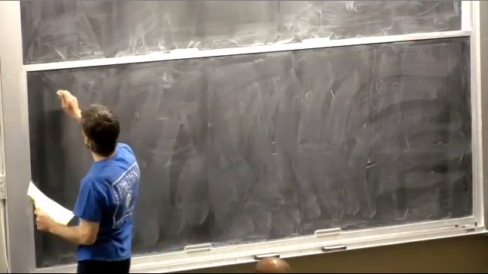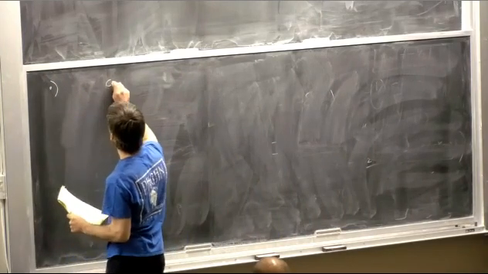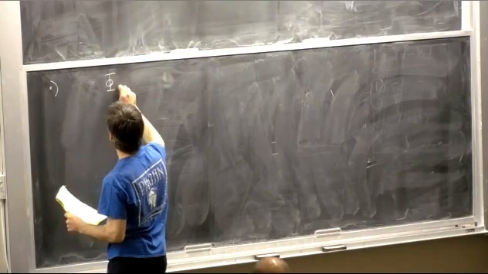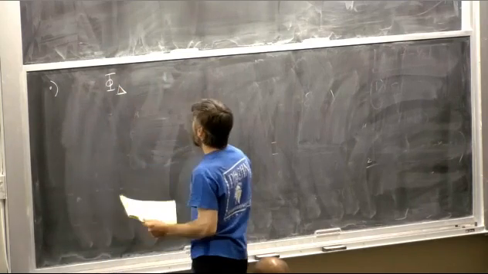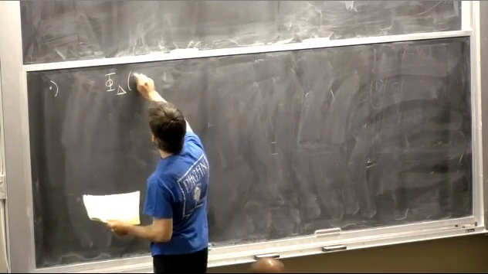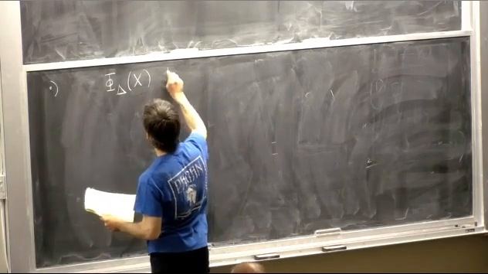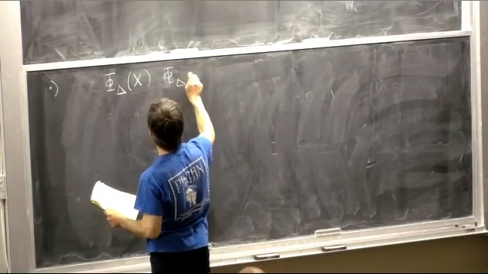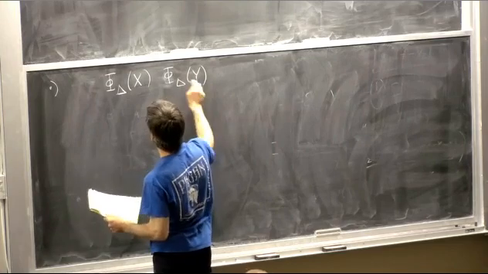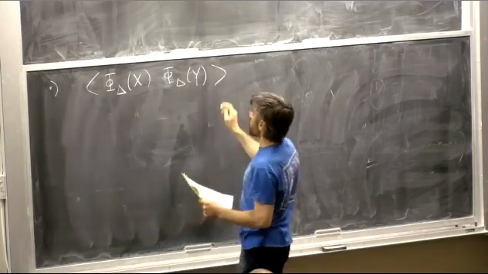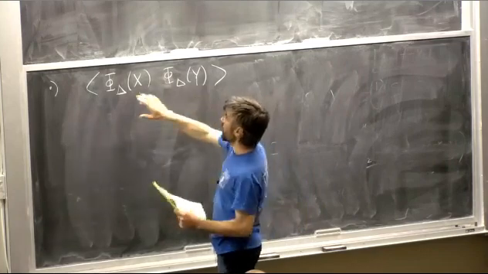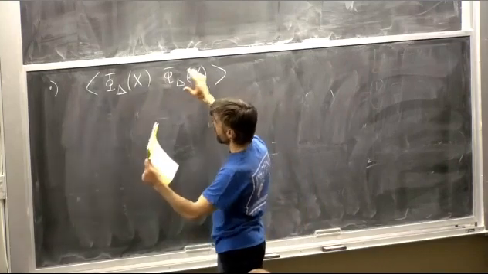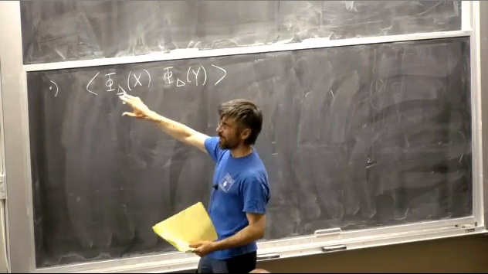The easiest computation you can have is to compute a two-point function of a primary field. You write down an expression in the embedding space. I'm considering a two-point function of the primary field with itself. This object that I'm writing here, you shouldn't think of it in some probabilistic sense as averaging anything.